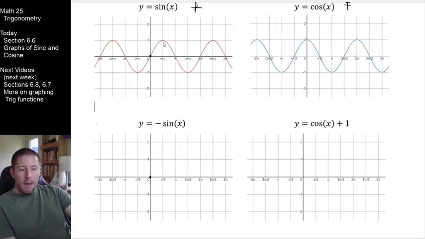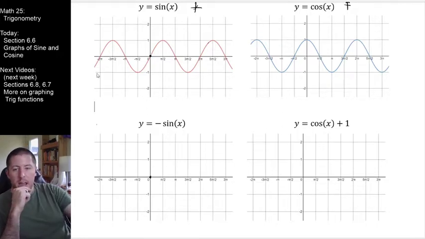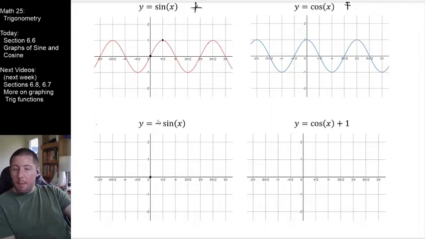When I plugged in pi halves, my output was 1. I'm still going to get the output of 1, but I'm tacking a negative onto it now. So we should be getting out negative 1 from pi halves with the function y equals negative sine of x. I got the same value out, but I negated it.